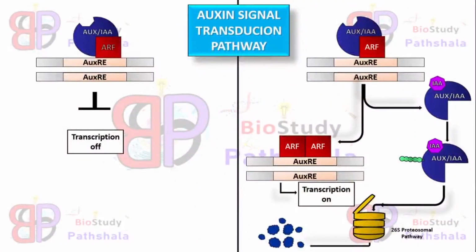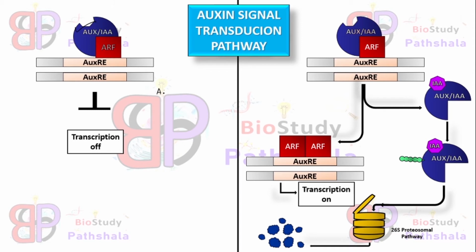Okay, so next one is the auxin signal transduction pathway. Before starting with this signal transduction pathway, we have to know some terminologies. We have already known about the Aux/IAA family, that is the repressor or activator family. Here it acts as a repressor protein.